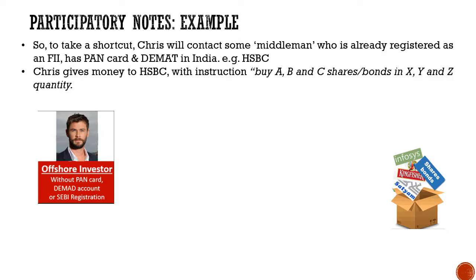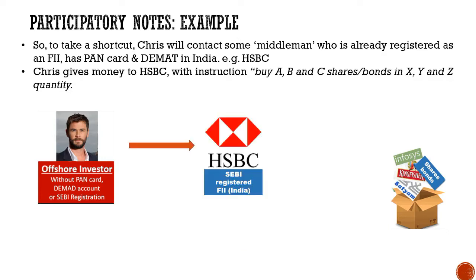So to take a shortcut, what does Chris do? Chris will contact some middleman who is already registered as an FII, has a PAN card and demat in India. Let's take an example, HSBC Bank. So HSBC in this case is now the foreign institutional investor.